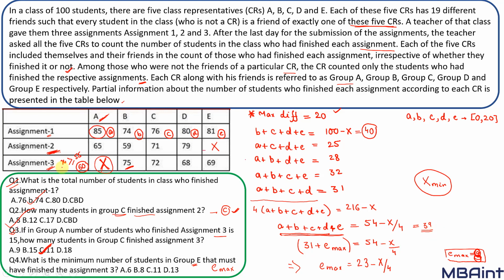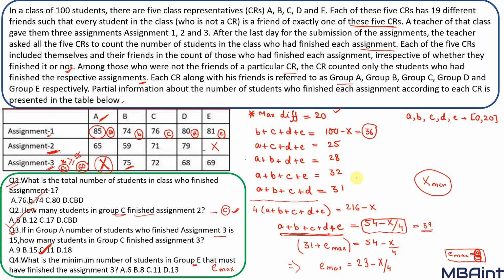So the next number which would be a multiple of 4 would be 64. Let's cross check with that. If x is 64, then 100 minus x would be 36. Then what would be the value of this equation?